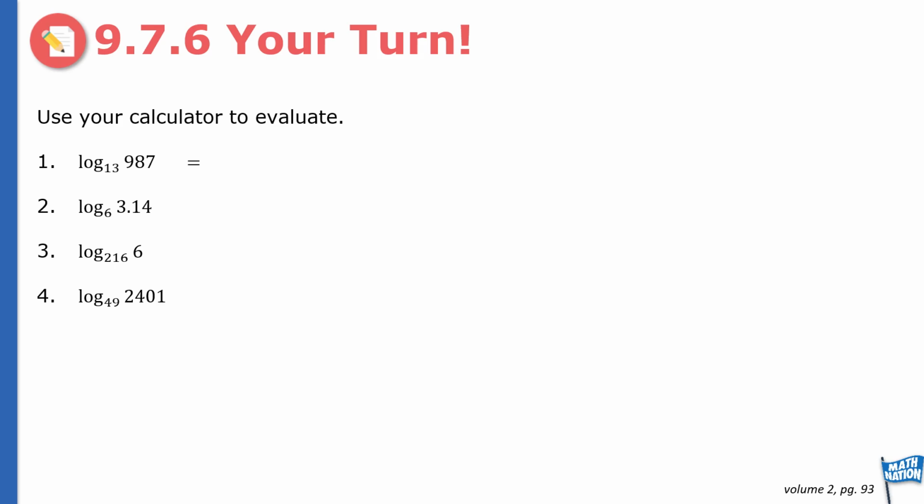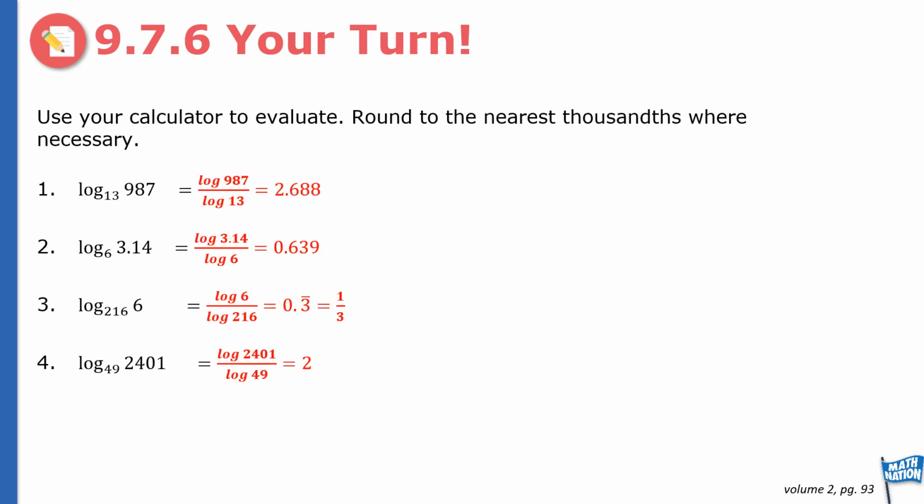All right, let's see what you've come up with. The first one, log 987 over log 13, should equal 2.688. You're rounding to the nearest thousandth, or where necessary. Log base 6 of 3.14 is log 3.14 over log 6, which equals 0.639.